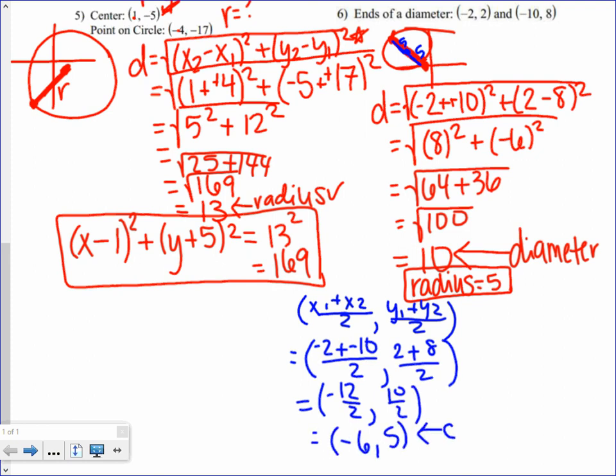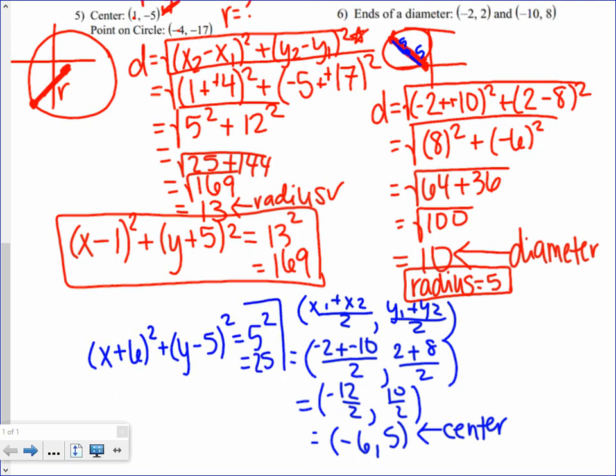And this is your center. Now we can write our equation. So we're going to say x minus -6, so x plus 6 squared, plus y minus 5 squared equals either 5 squared or 25. So that would be your equation there.